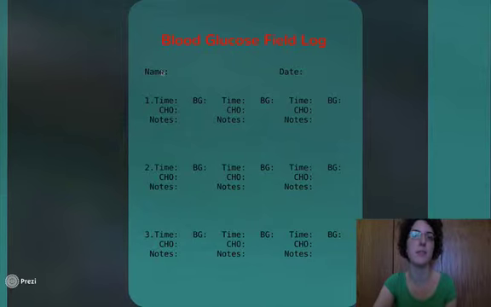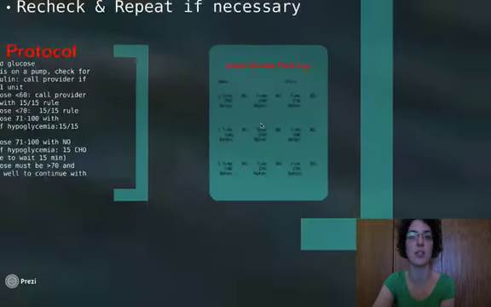Obviously, the log will have the child's name on it, and you'll want to record the time at which you check the blood glucose level, what the blood glucose level was, how many carbohydrates were given, and any notes about that specific situation. And then 15 minutes later, you would record the same information again, and that can continue throughout the day as blood glucose levels are being checked.